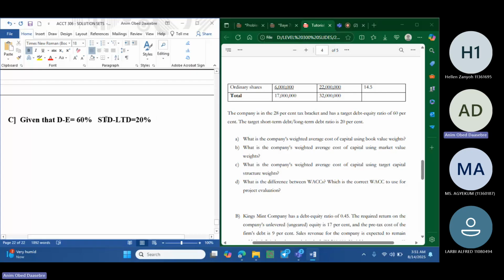So this is the ratio that they are giving to us. So how do we find the weight of each of them?